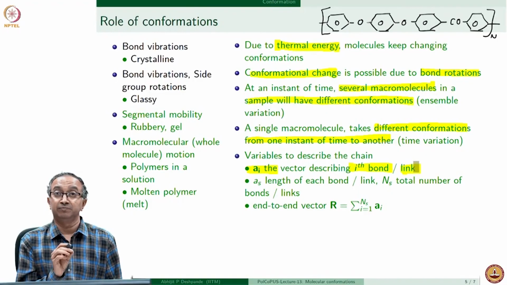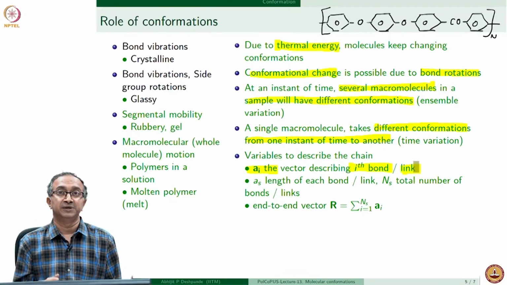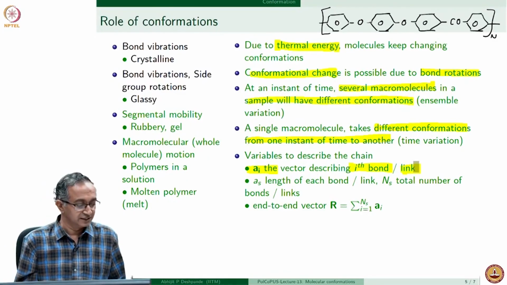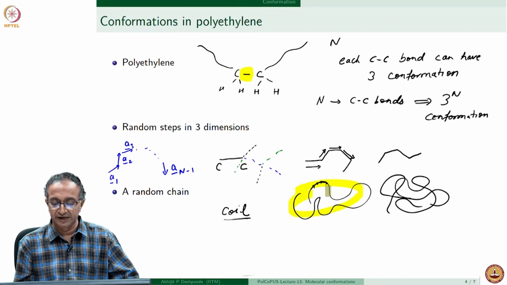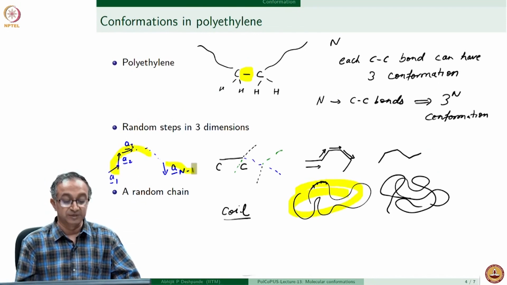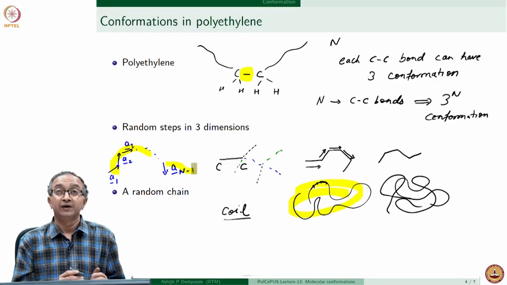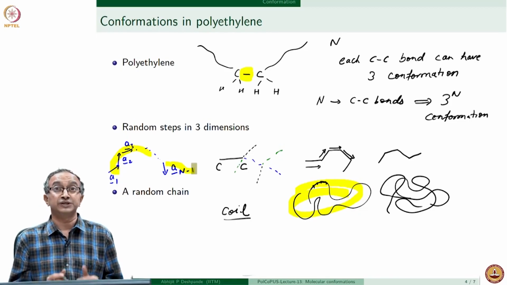Here I am describing both bond as well as link, because soon we will see that instead of describing the polymer behavior in terms of a single bond and groups like CH2 in the case of polyethylene or CH2CHCl in terms of PVC, we will start describing polymers more from a model which is like a coil-like or chain-like material, because the length of the chain link and how free the link is to rotate may depend from one polymer to the other, but the description of the overall chain can be based on what are called coarse graining methods.